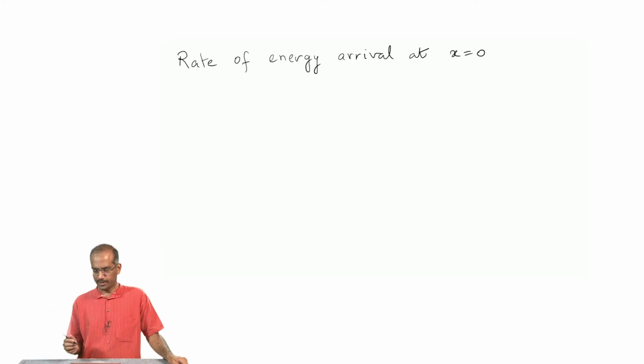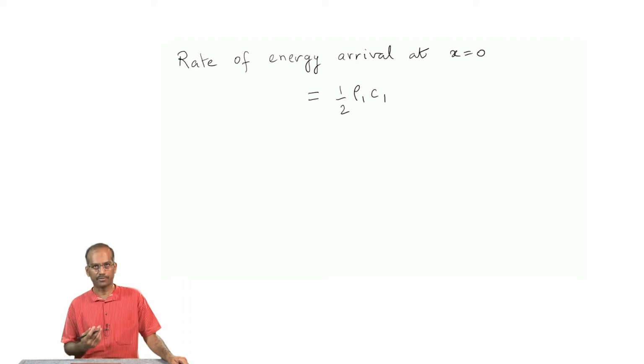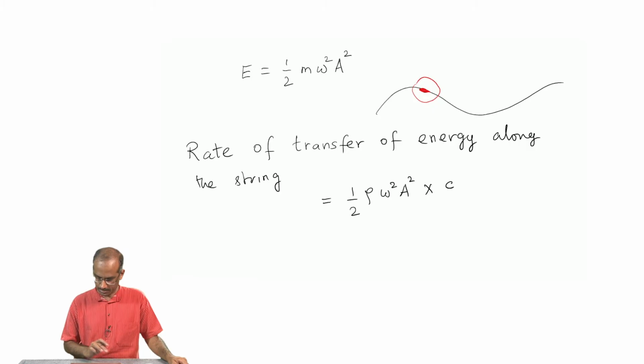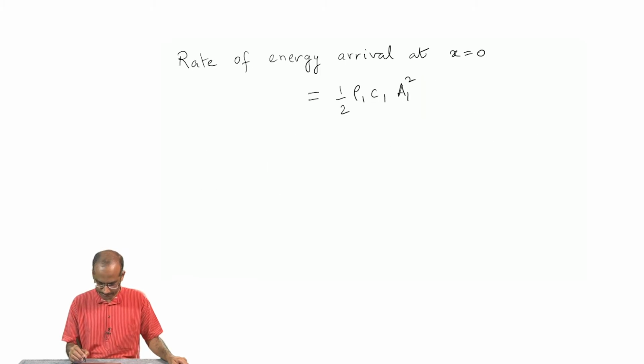So, the rate at which energy arrives would be equal to half rho 1 c 1, which is the phase velocity of the incoming wave in the first medium, multiplied by A1 square, that is the amplitude of the incoming wave, multiplied by omega square.